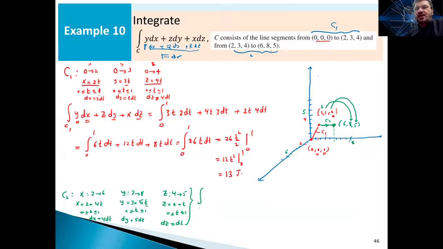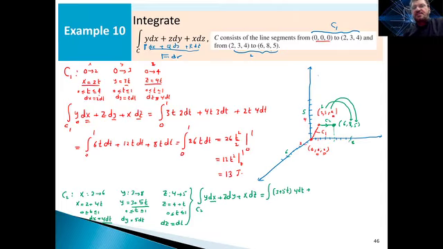So what do we conclude from all of those? That the integration along C2 of y dx plus z dy plus x dz is equal to the integration of y, what's y, guys? Y is 3 plus 5t, times dx. What's dx? 4 dt.